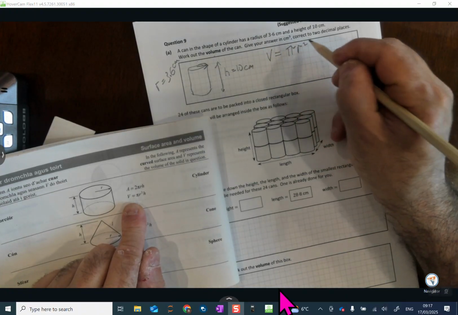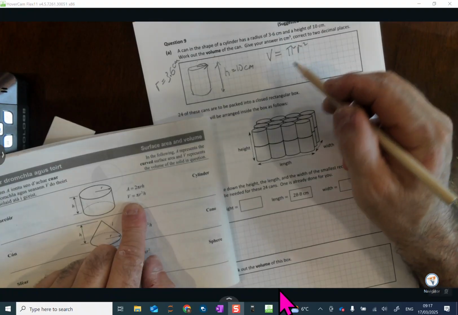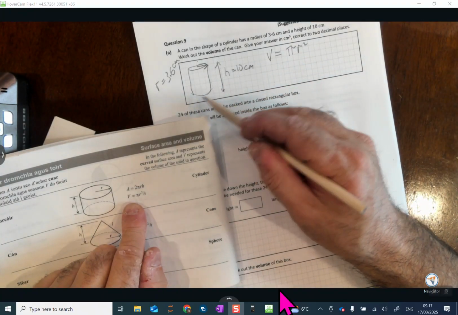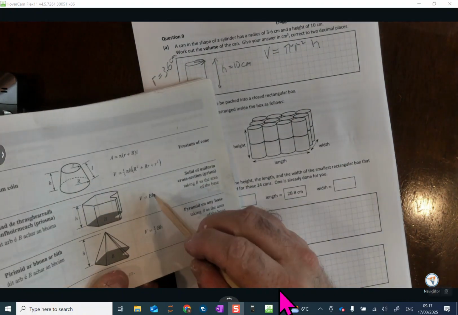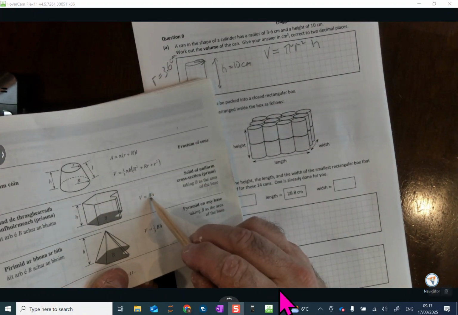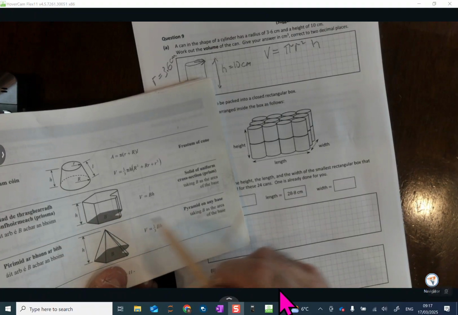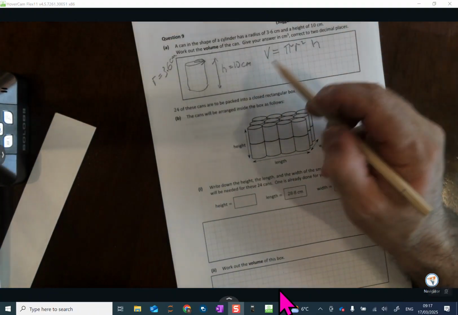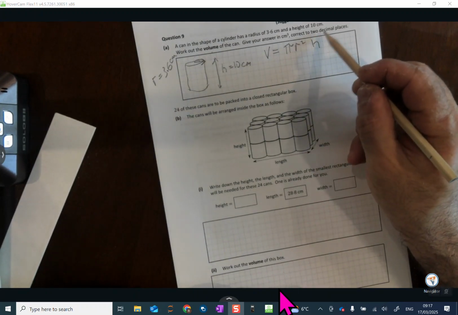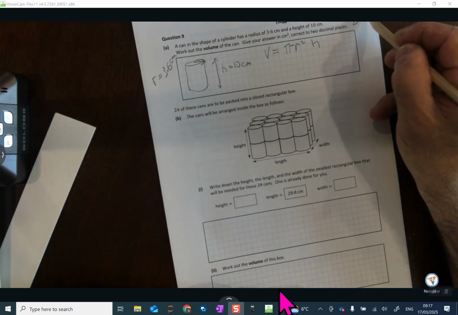Well, we recognize that as the area of a circle, so that's the base, and then times the height. So it's exactly the same as the formula for a prism, really, where you've got the base of the prism and then times the height. So it makes sense. And give your answer correct to 2 decimal places.